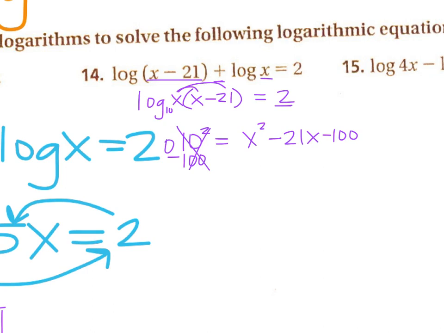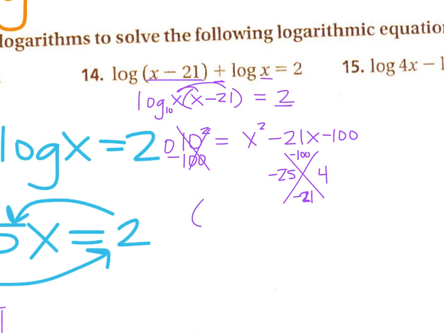So right now we have all of this. This is 0 equals this? Well, we can factor. So if we make our little x here, what can we multiply to get negative 100 that we can add to get negative 21? And that would be a negative 25 times a positive 4.